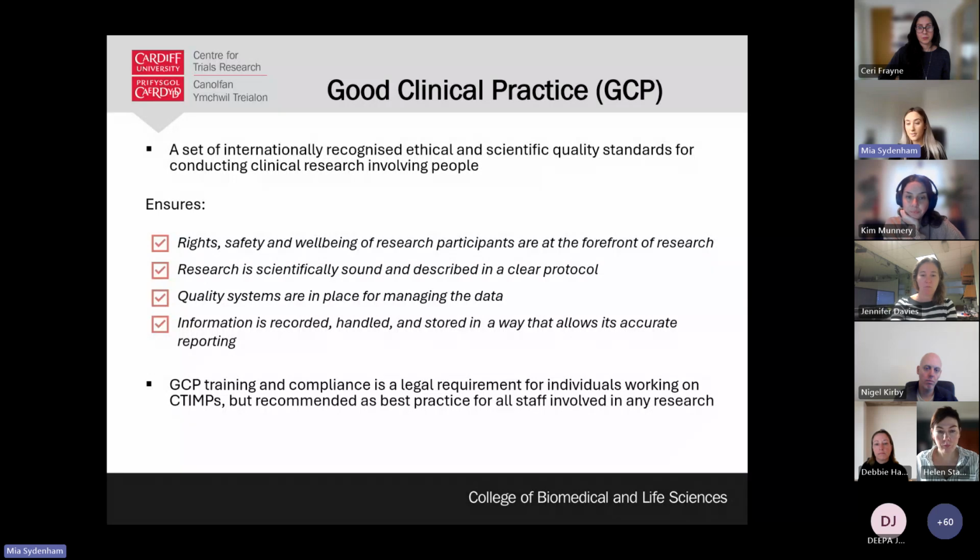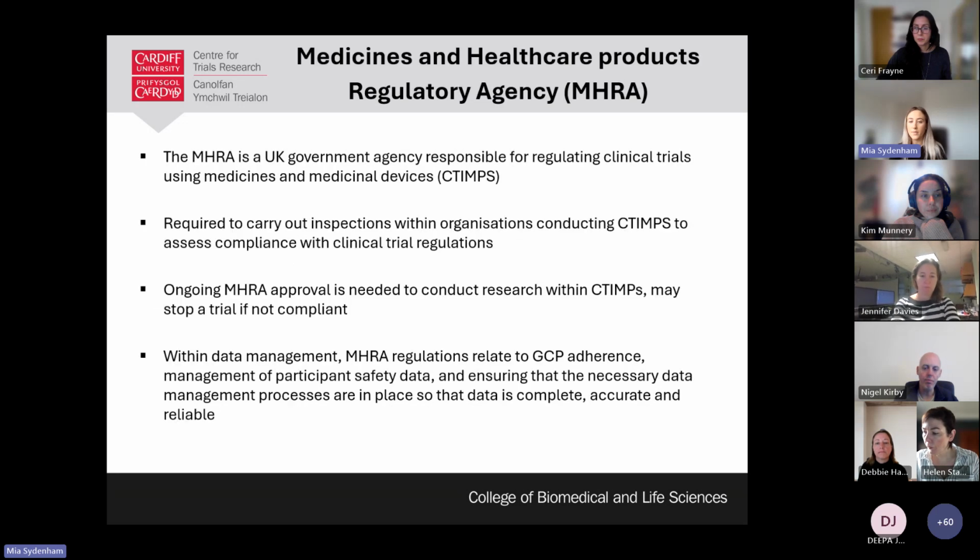Research is scientifically sound and described in a clear protocol. Quality systems are in place for managing the data, and that information is managed in a way that allows its accurate reporting. Up-to-date GCP training and compliance is a legal requirement for all individuals who work on a CTIMP, but it is recommended as best practice for all staff involved in any research trials.